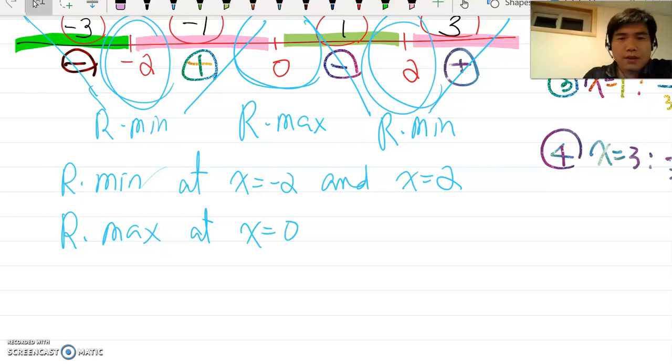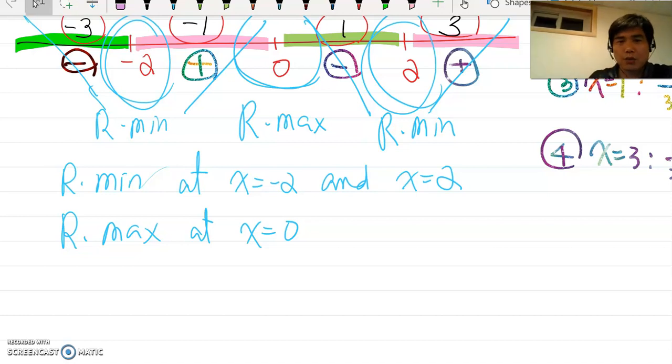Okay, so now we found out where the relative minimum and maximum points are located, right? Then how do we find the points? Yes, we plug those critical values into the original function. Why the original function? Because we want to find the original point coordinates.